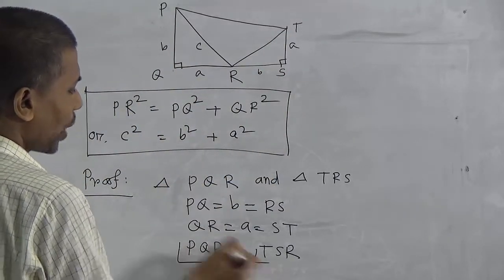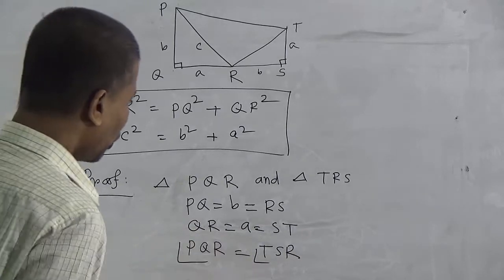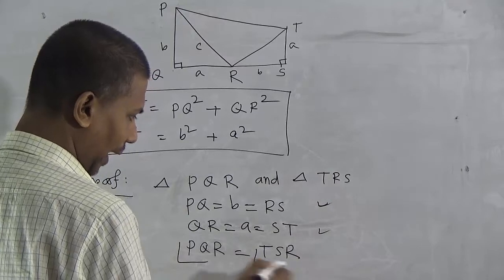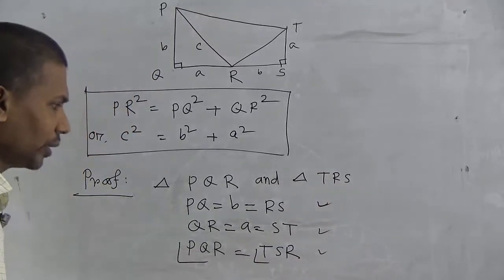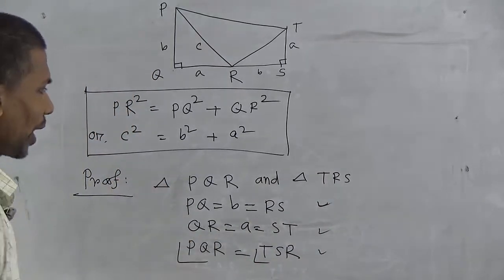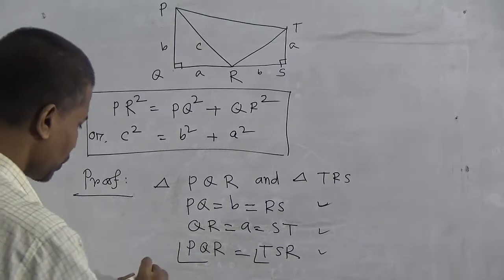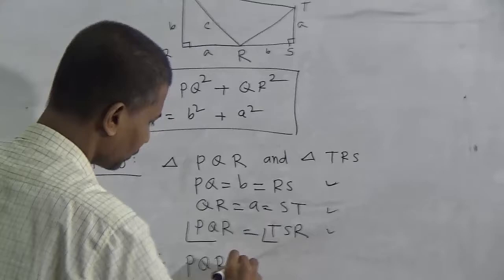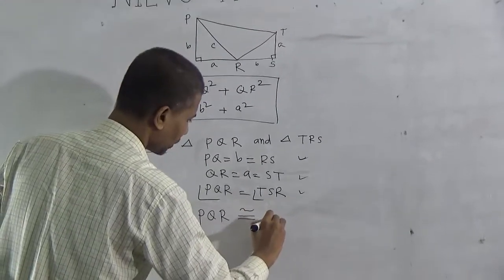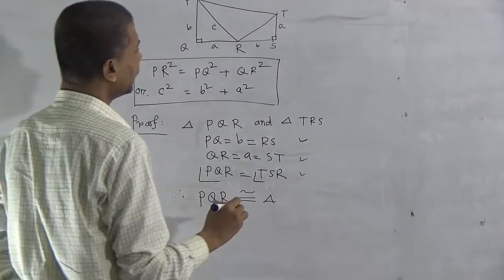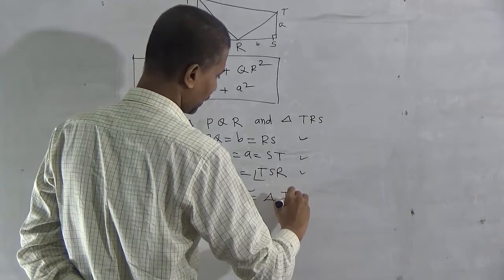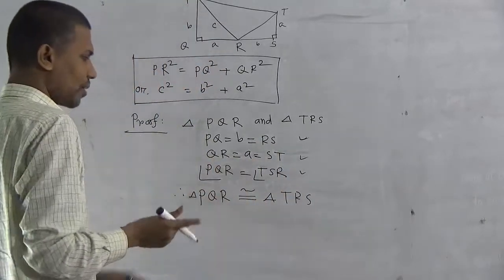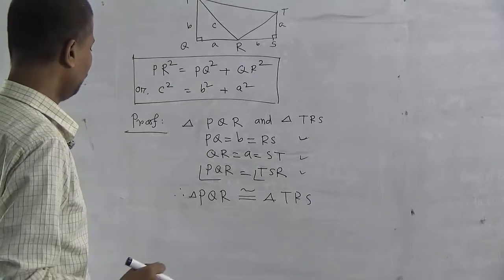So, these two angles are equal. Observe here, look, one side equal and another angle equal. So, we can say that these two triangles are congruent. That means we can say PQR congruent TRS. That means these two triangles are equal.